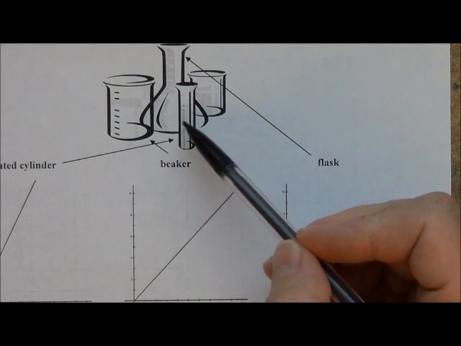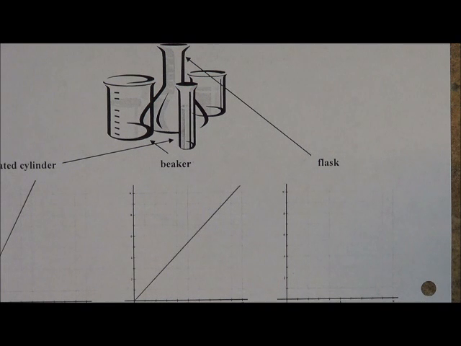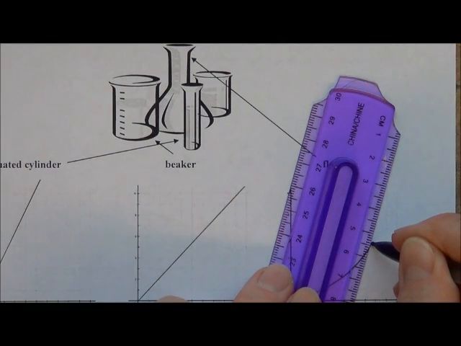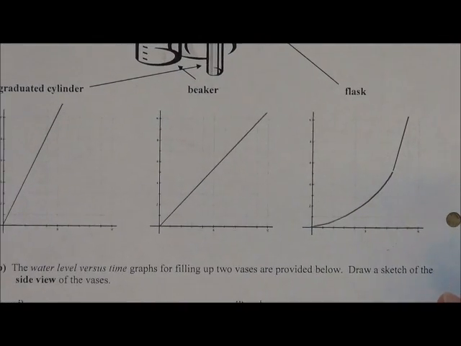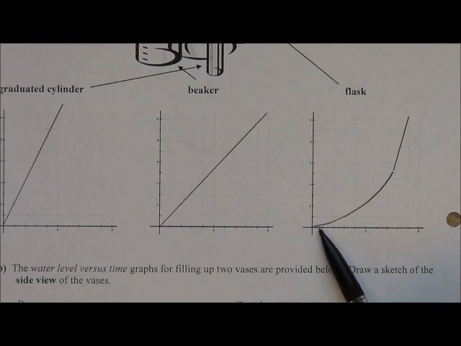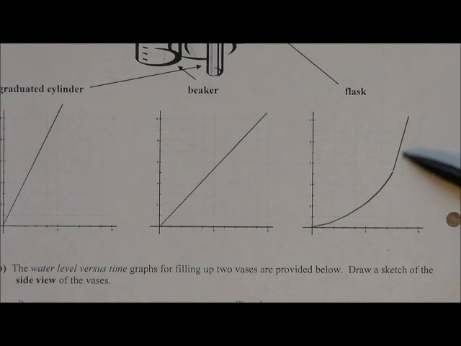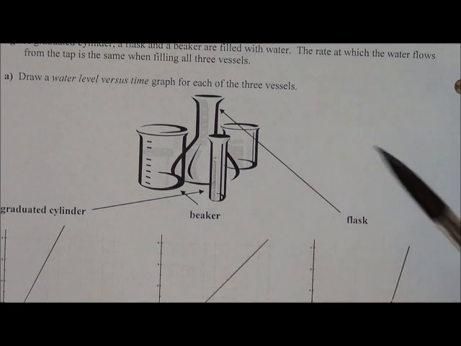As we see that the radius of the flask gets smaller and smaller, that would indicate a bit of an acceleration of the rate of filling, followed by a constant rate. As the flask gets narrower and narrower, the water level rises faster, and then the straight section, the neck of the flask, gives a constant rate.